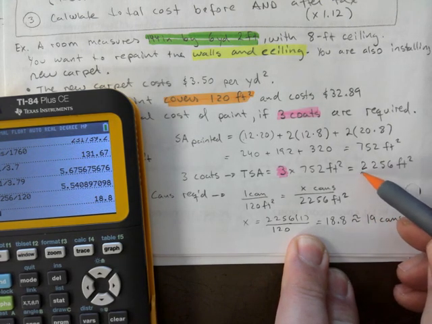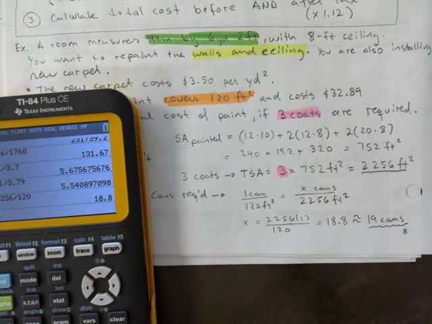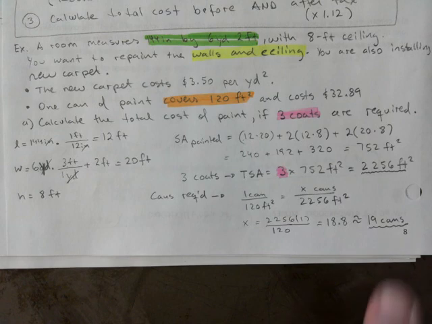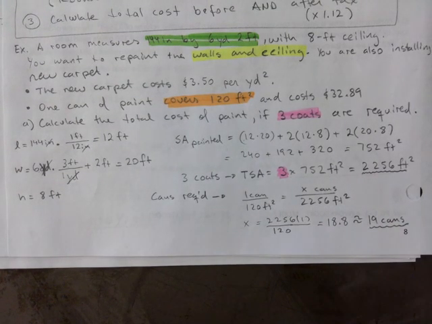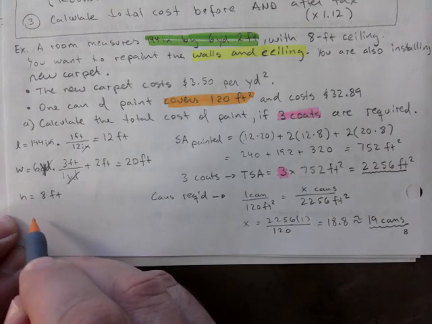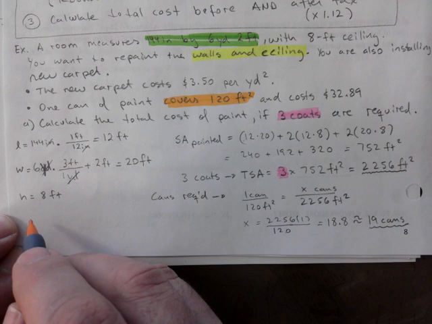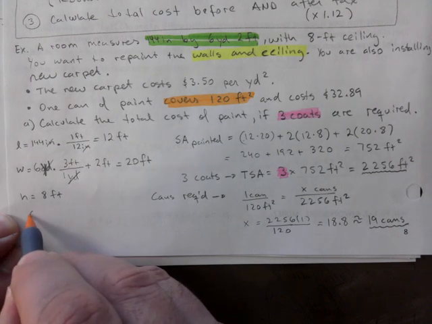I'm going to just put a little wave under the numbers that are important to us along the way, right? Total surface area, this many cans required. Yikes, right? I hope you have more room than I have. I think most of you write smaller than me, so you'll be fine.